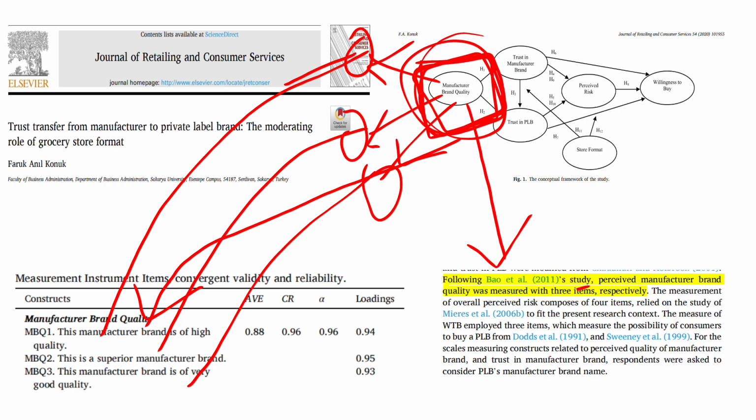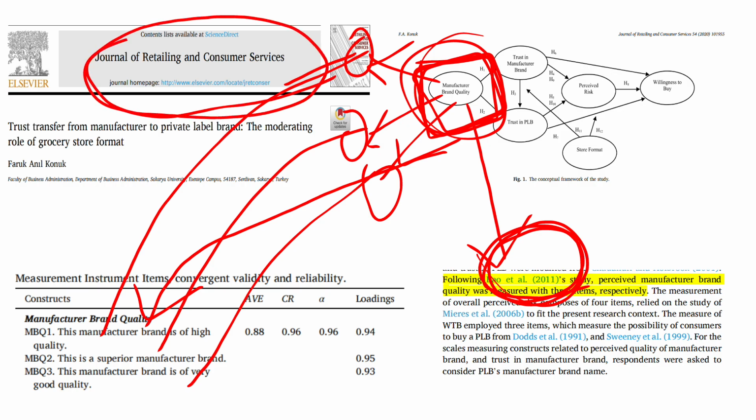Here is the reference from where they adopted these questions, Bao et al. 2011. This is a high impact factor, ABDC A category journal. That's why this kind of journal always recommends that you adopt a scale.